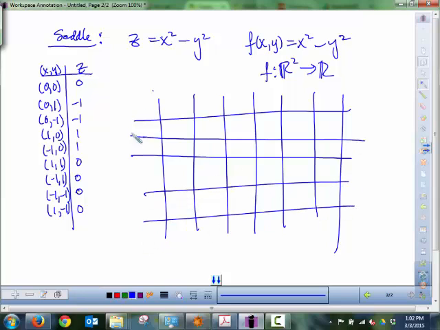Something like this, where you would have 0, negative 1, negative 2, 1, 2, and negative 2, negative 1, 0, 1, 2, 3. Whoa, wait a minute. Let's cross that one out. Maybe these would be your x values, and then these would be your y values.